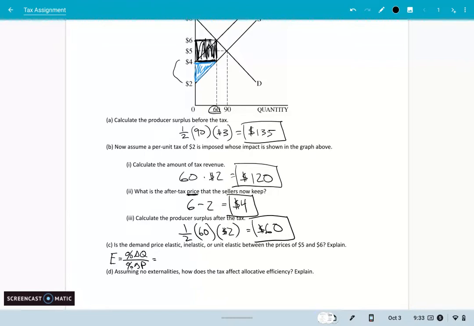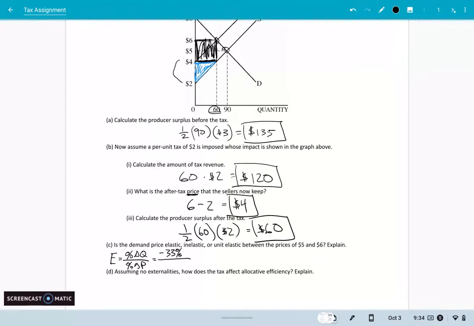And as I went from $5 to $6, my quantity demanded went down from 90 down to 60. So I lost 33%. If you don't remember how to calculate a percent, go review that. But it's new minus old over old. So 60 minus 90 is negative 30, over 90 is negative 1/3 or negative 33%.